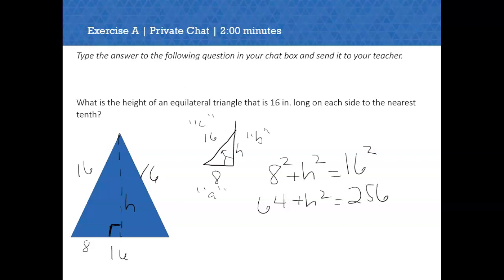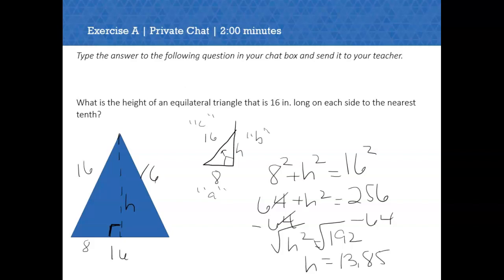We're going to subtract the 64 because we're trying to isolate the H. So 256 minus 64 is 192. Then we need to get the H by itself, so we have to square root. So the square root of 192 is 13.85. It asks us to do this to the nearest tenth. That's one decimal place, so that would be 13.9 inches.